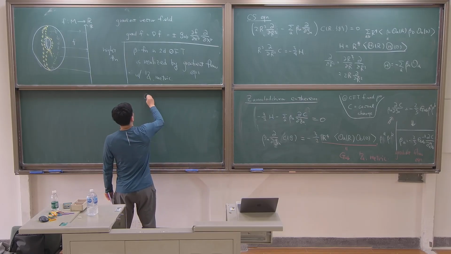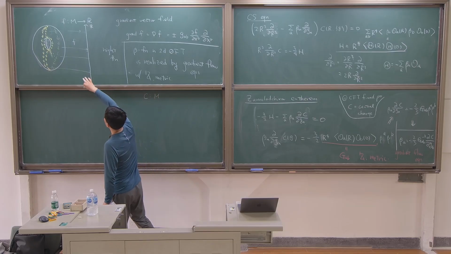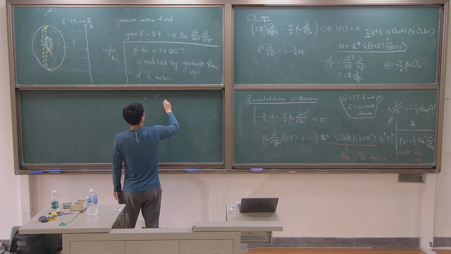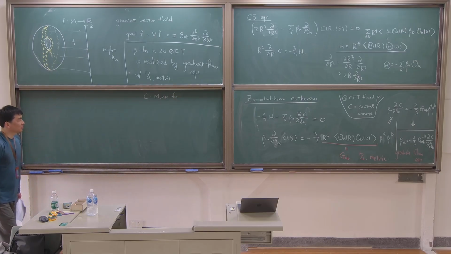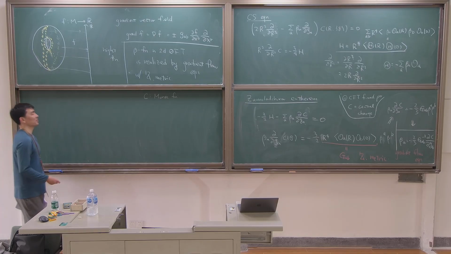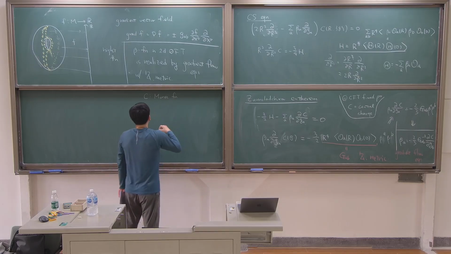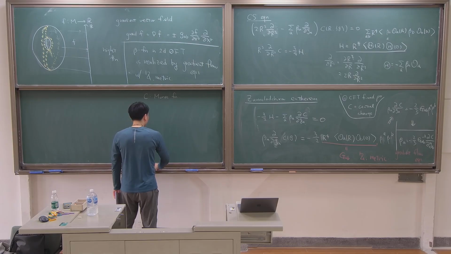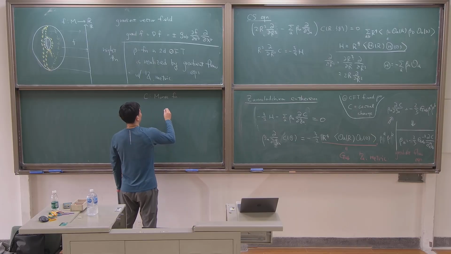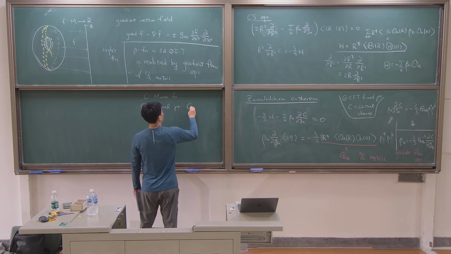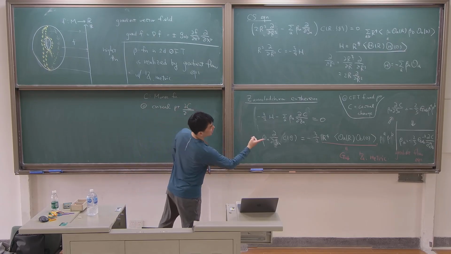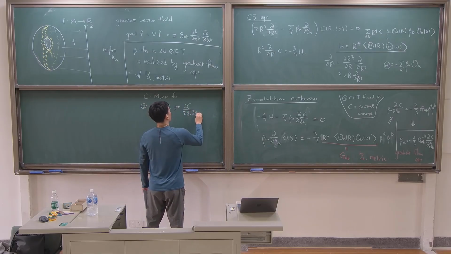And then c is the Morse function. I'm not going to define it fully. Morse function means that at the critical point, the Hessian of c, given by ∂_a ∂_b c, has a determinant that is not zero.